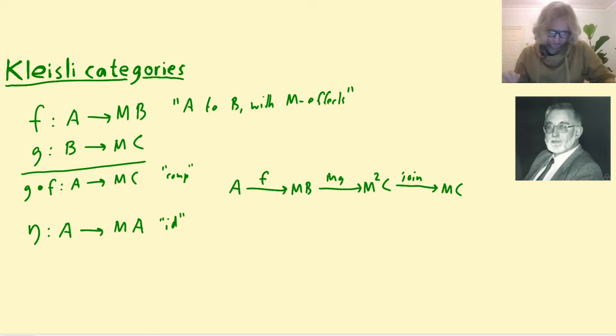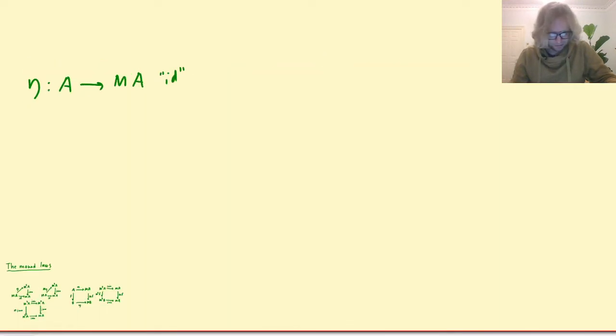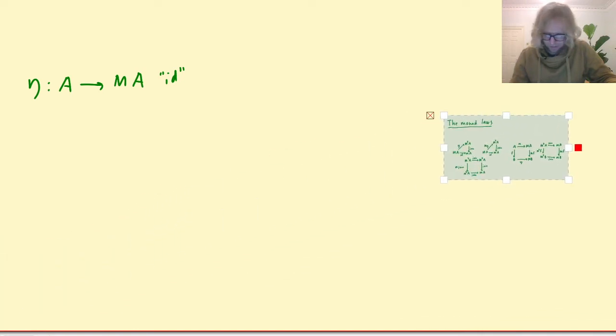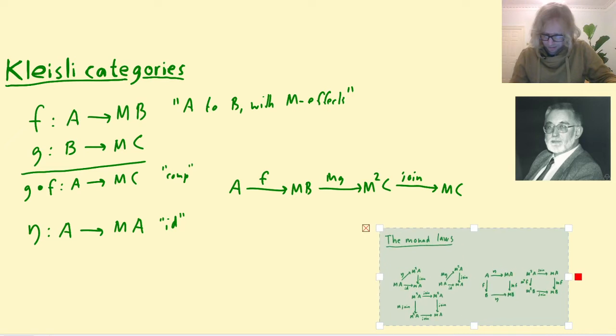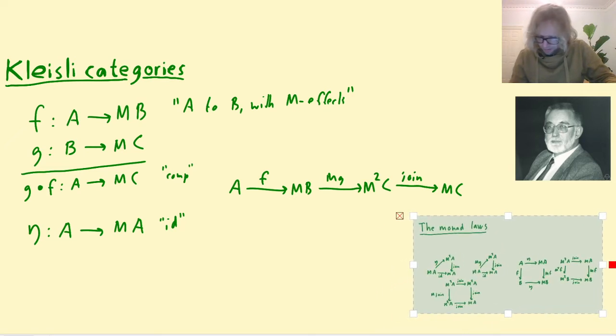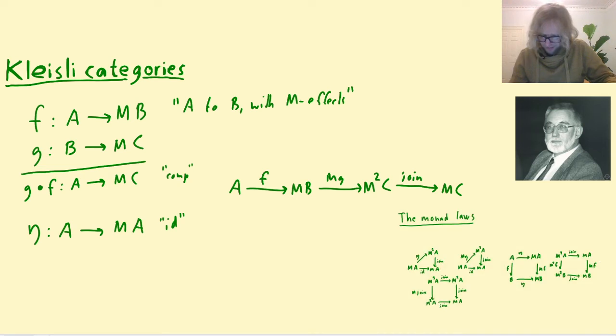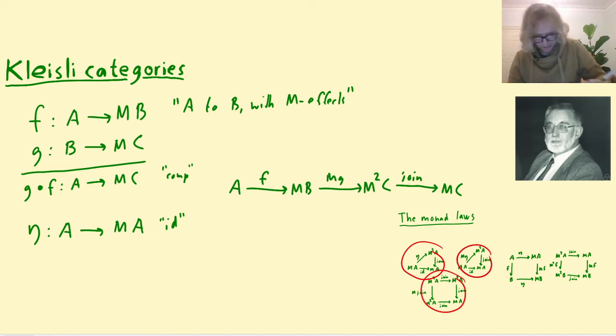But now, of course, I also have to show that if I compose with the identity, then I get the same thing I started with. And this is exactly where these laws come in. So let's remind ourselves what they are. Let's see, so we had these three laws that are talking about how join and return interact and how join and join interact, right?